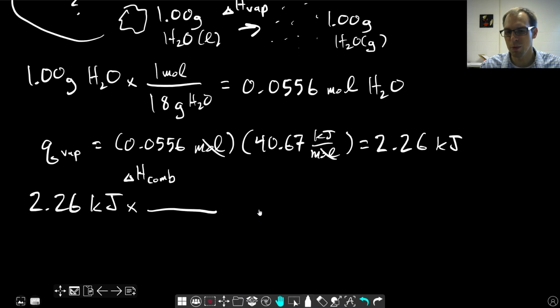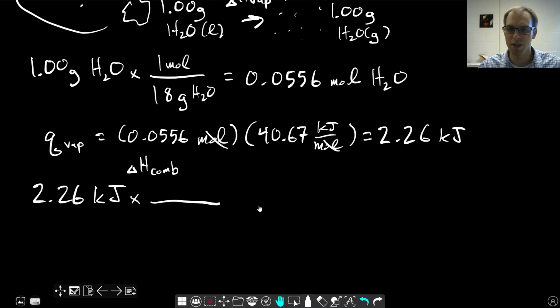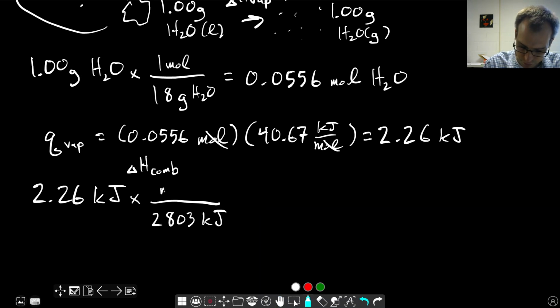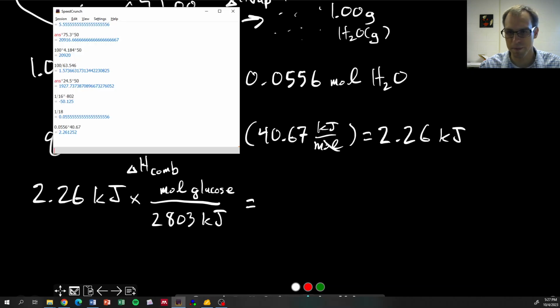We'll ignore it in the sense that we know that all the energy from the combustion is going into the water. These have equal and opposite signs, the Q values do. So that's why the negative sign disappears. Right, but 2803 kilojoules per mole of glucose that combusts. That'll give us a value of number of moles of glucose.